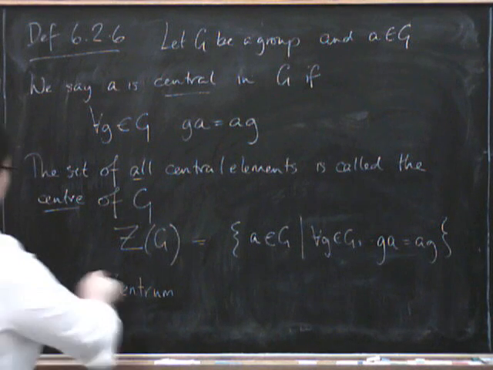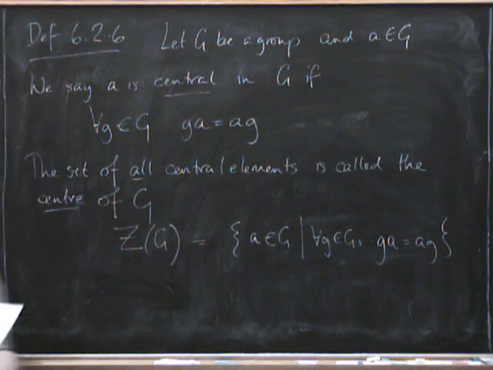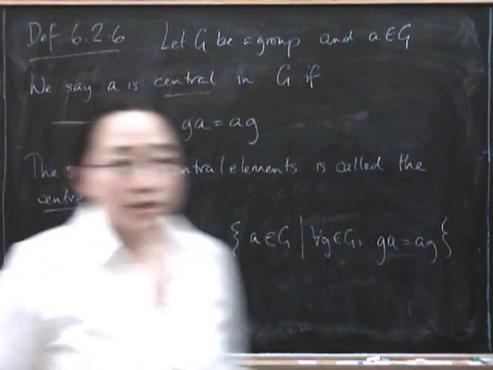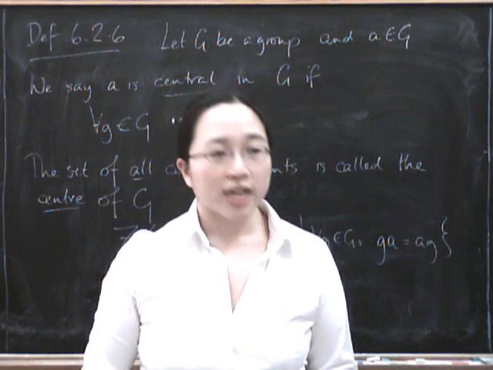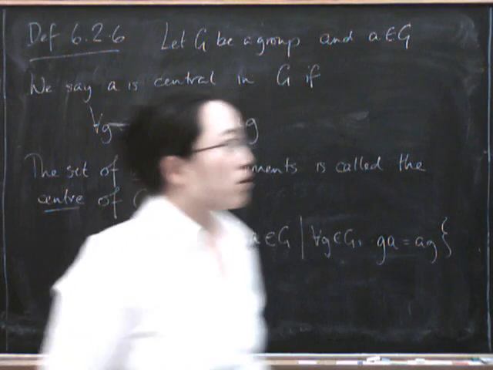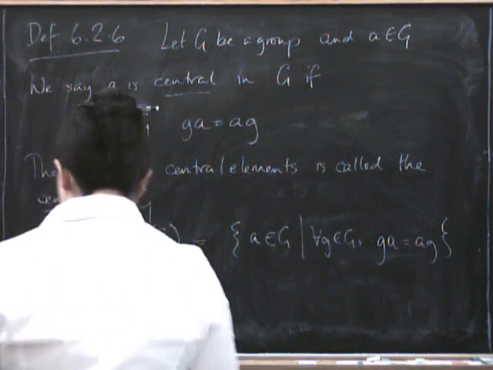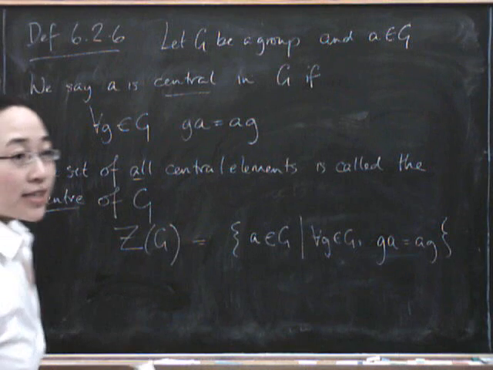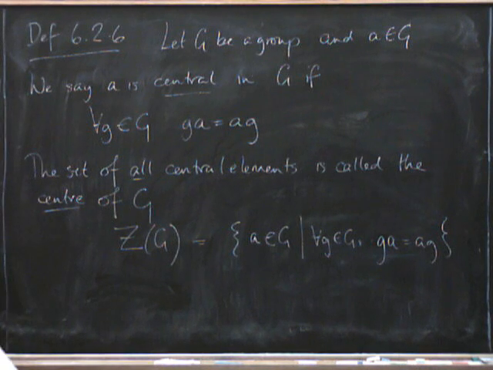Anyway, so that's the definition of center. And we're going to show that the center is a rather interesting object in the group, and that it's always a normal subgroup.